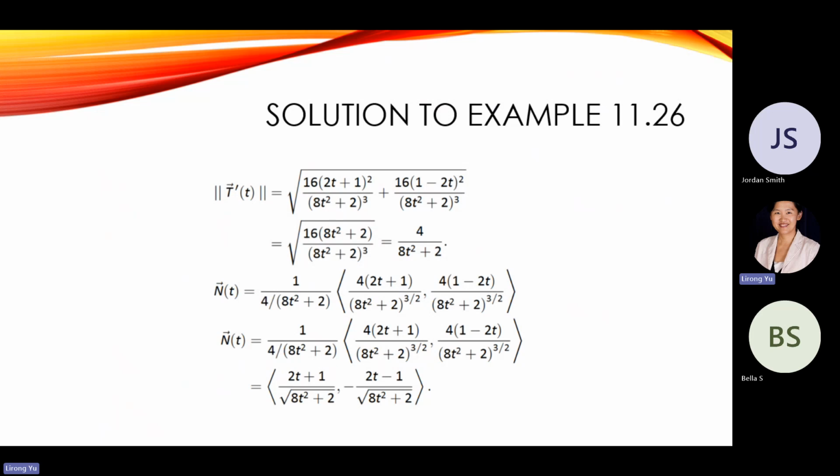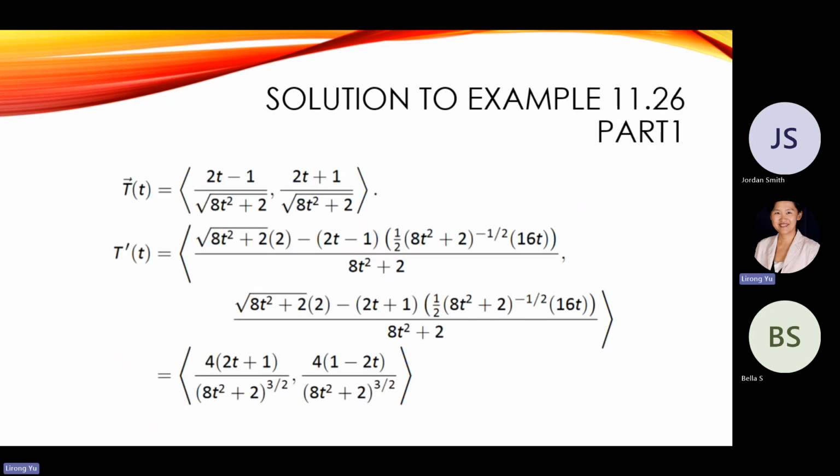This is a really lengthy process, but the whole point of this is to get to one thing. You can see the normal vector and you can see the original T vector, and we have an interesting relation. The tangent vector is (2t minus 1) over the magnitude of the derivative, and then (2t plus 1) over the magnitude of the original derivative.